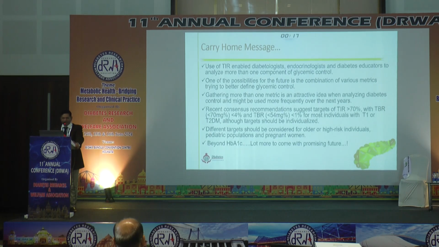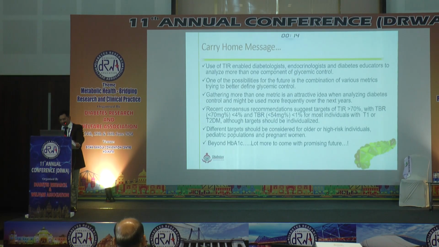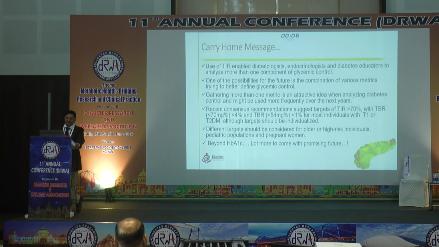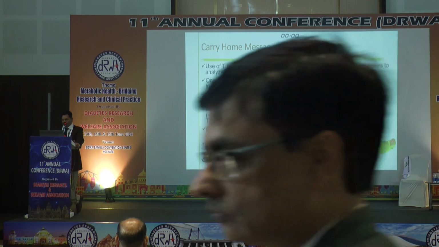I feel it was not acceptable in those days, and now no one uses it. 1,5-AG can be used, but we still need good data from this part of the world, and there are only very few papers on this.